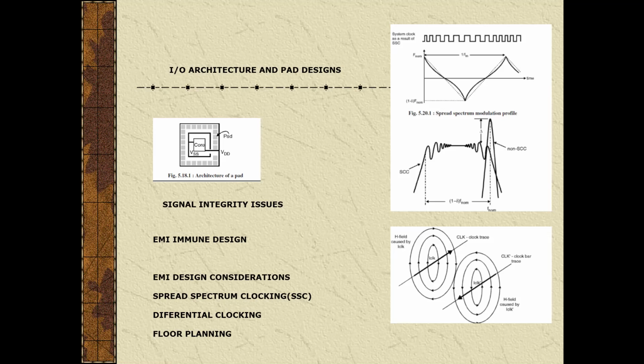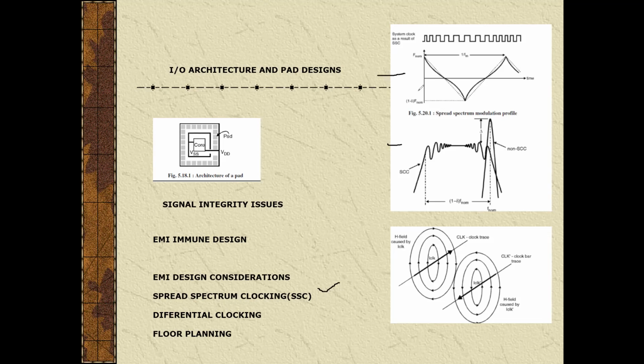First one is spread spectrum clocking. In spread spectrum clocking, the processor clock frequency is changed. This figure shows the spread spectrum modulated spectrum, with decreased radiated emission over a wider frequency band.